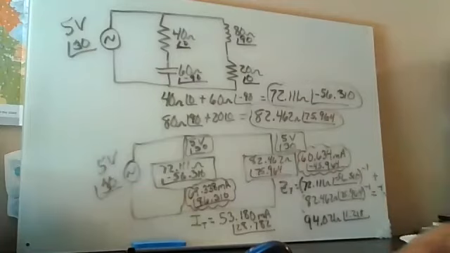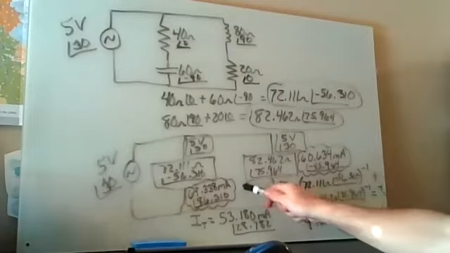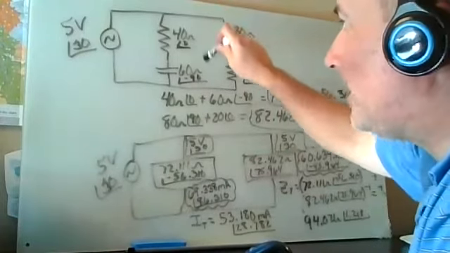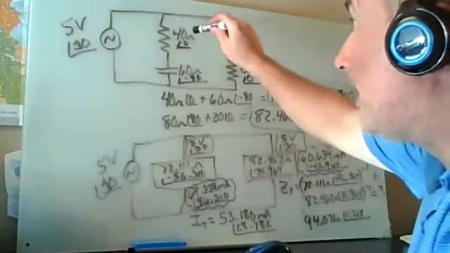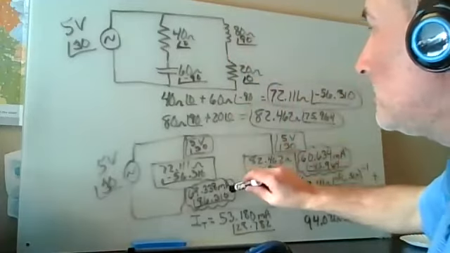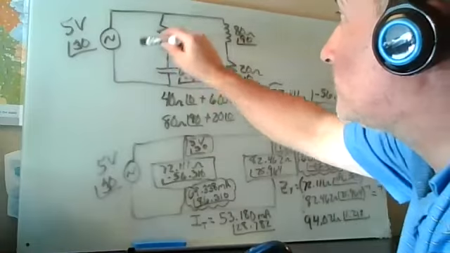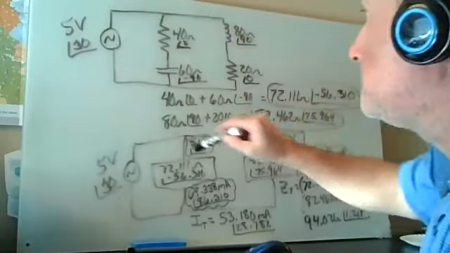The current. So I bring this 69.338 back to both of these, and then I multiply my impedance times my current, and I get the voltage drops on these two.